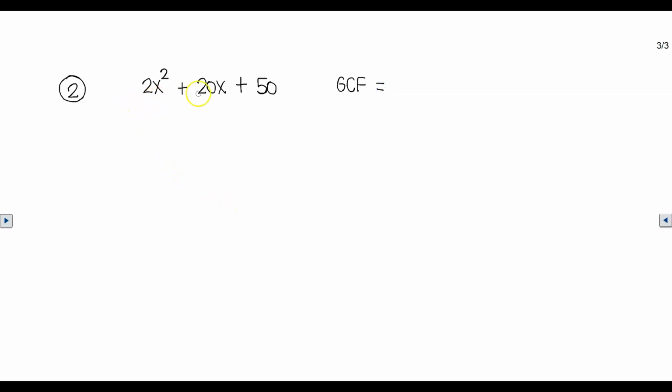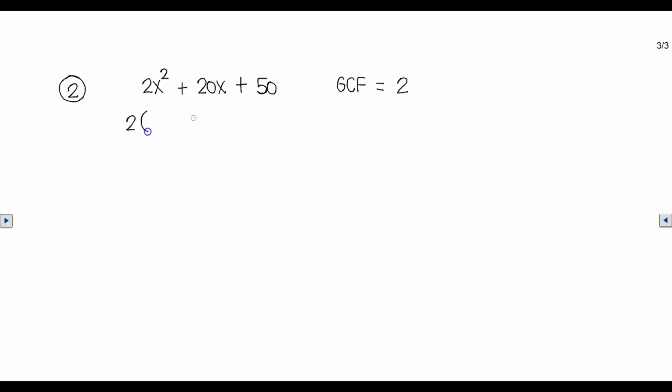Coefficients are 2 and 20 and 50. All of those will divide by 2. The only variable I see in the problem is x, and all of the terms don't have x, so I can't put x in my GCF because they all don't have them in common. So it looks like on this one your GCF is just a 2.